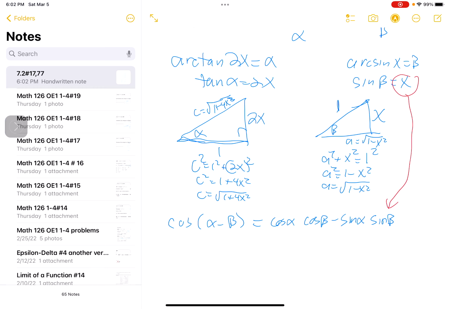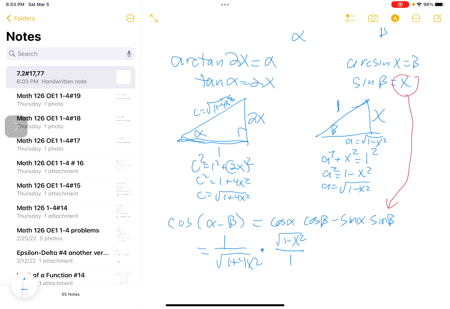So what do we have? Cosine of alpha is adjacent over hypotenuse, so 1 over the square root of 1 plus 4x squared, times cosine of beta, adjacent over hypotenuse, the square root of 1 minus x squared over 1.